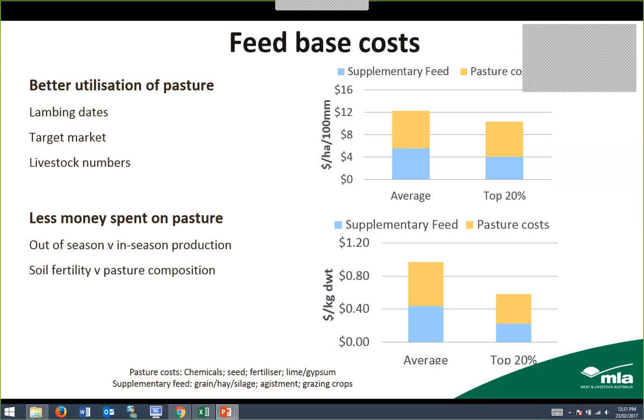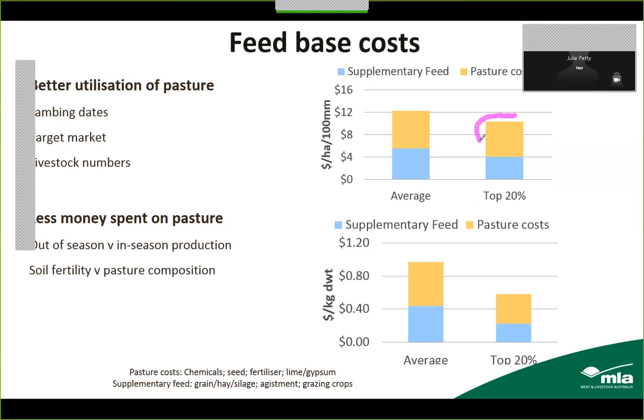Well, in this case, both the pasture costs and the supplementary costs on a dollar per hectare level are actually lower from the top 20% relative to the average. So if you have a look here, the orange line here is lower than the orange line here, and the blue line here is lower than the blue line here.